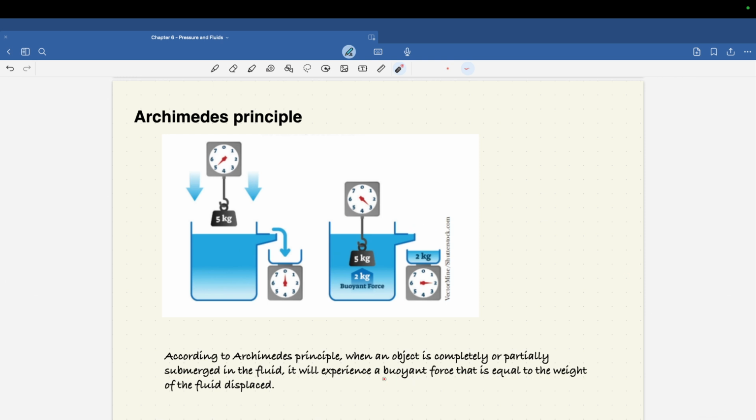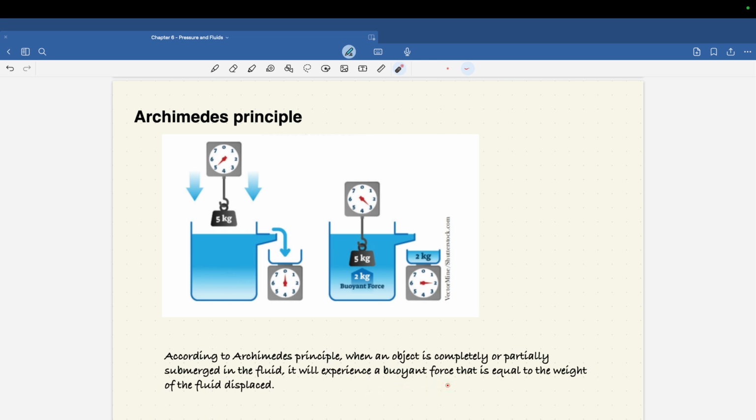So you see here, the buoyant force is the force applied by a liquid on a solid submerged in it, or even partially submerged in it. This is the scientist who got this, Archimedes. According to Archimedes' principle, if an object is completely or partially submerged in a fluid, it will experience a buoyant force.